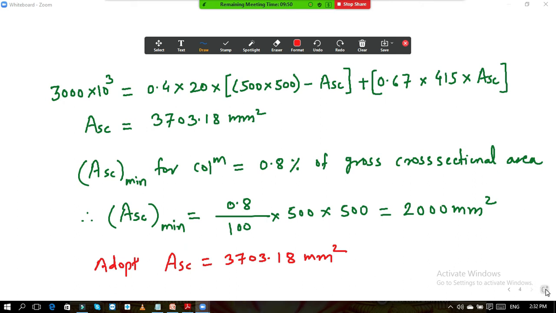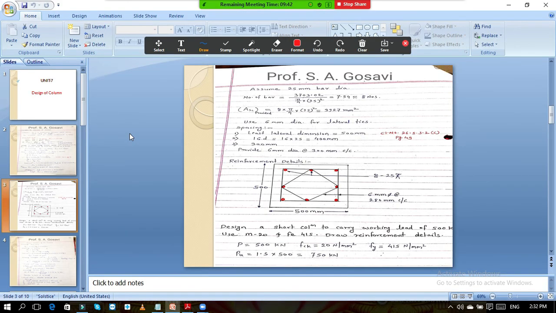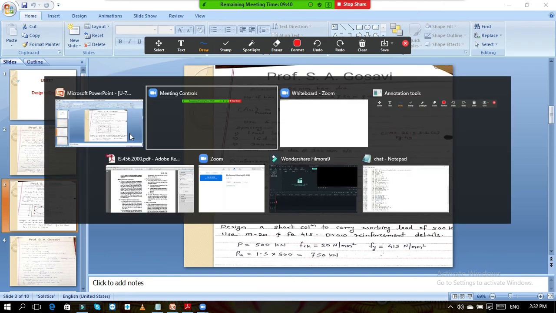Now I will assume a certain bar diameter and calculate the number of bars. The area is roundabout 3000 to 3500 now, so we can go for 25 mm bars. Here I will write: assume 25 mm bar diameter.